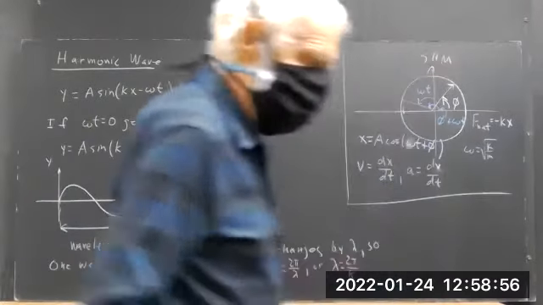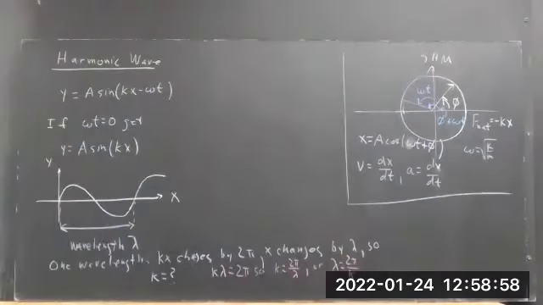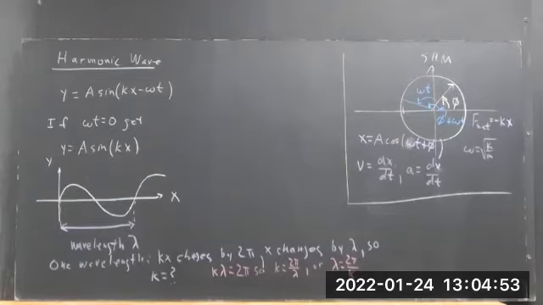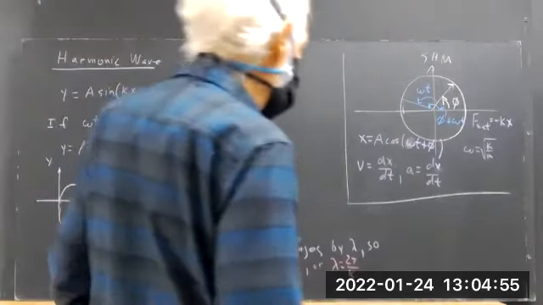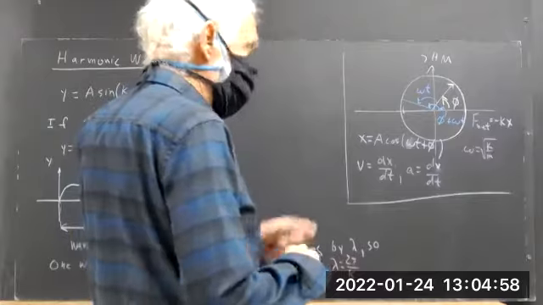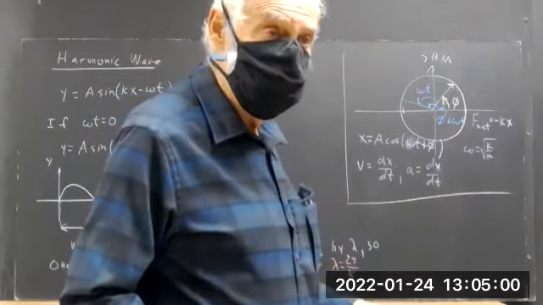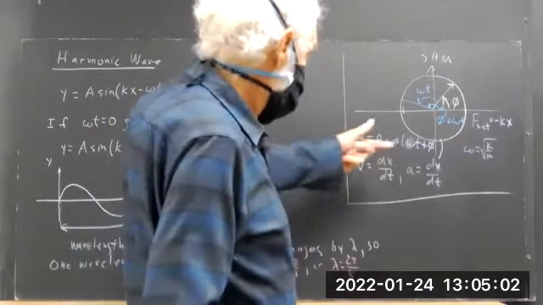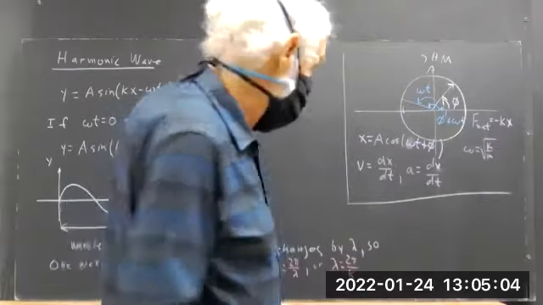And the next question is, how is omega related to the frequency? Okay. Now we've reasoned out that frequency is like cycles per second, and omega is radians per second, right?